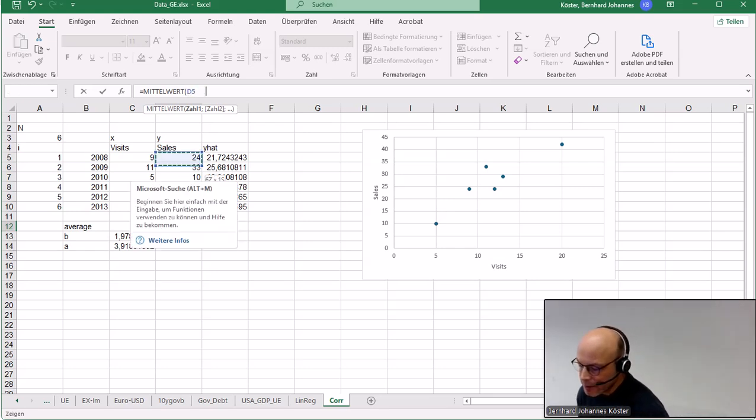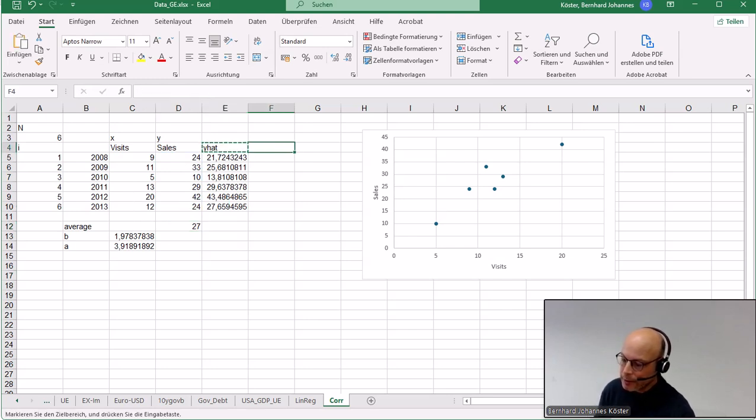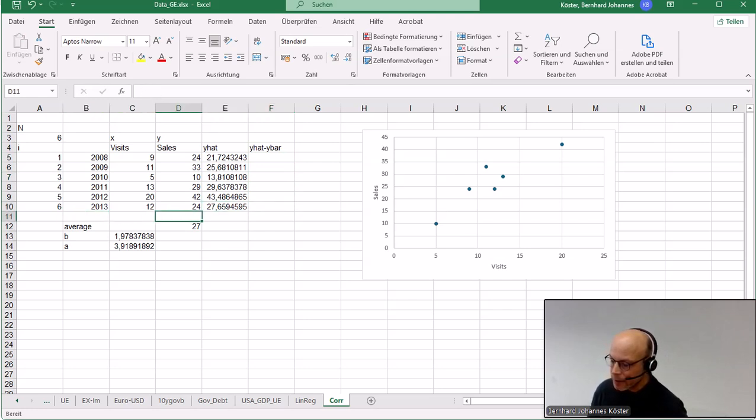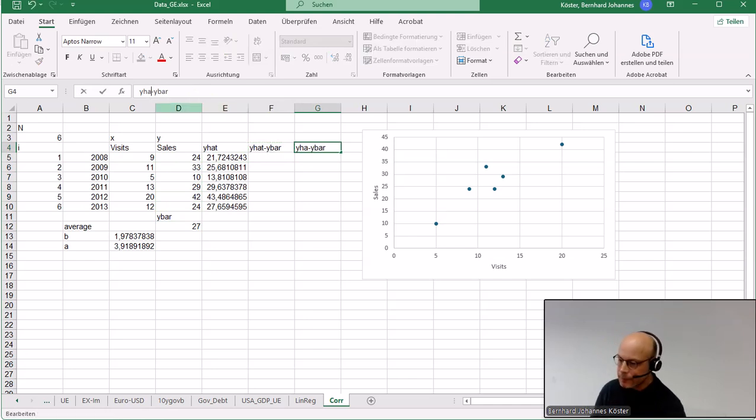And for this then let's feed in the data. Oops. And then here y hat minus y bar. So this would be here y bar and y minus y bar. And both squared.